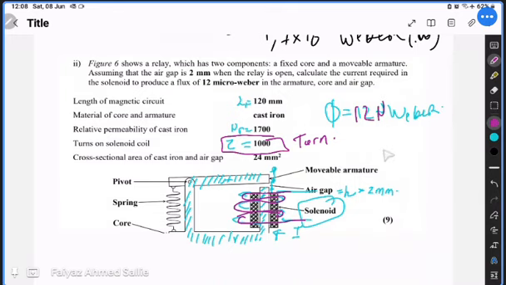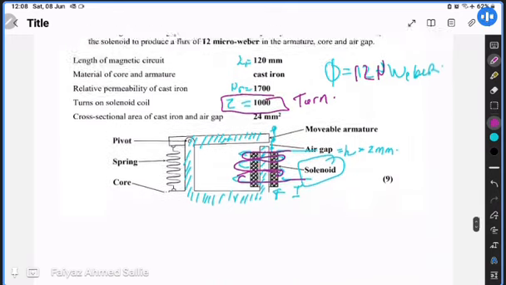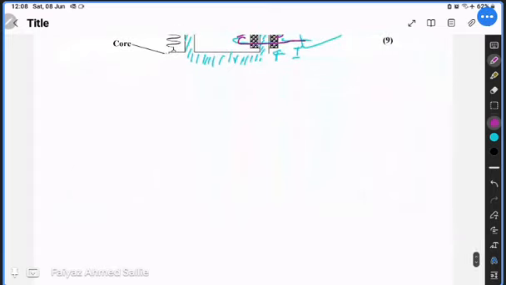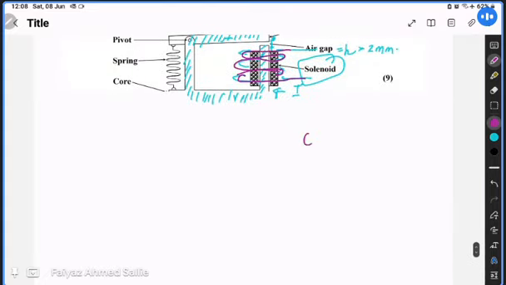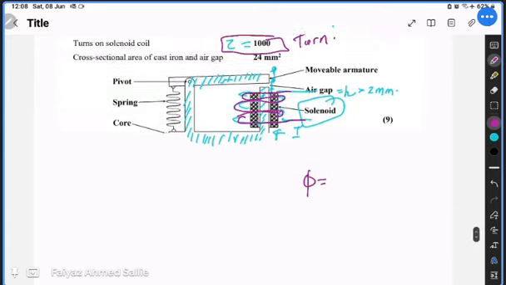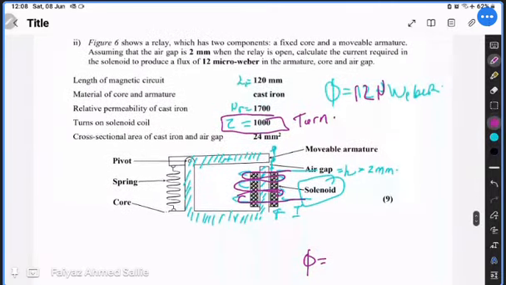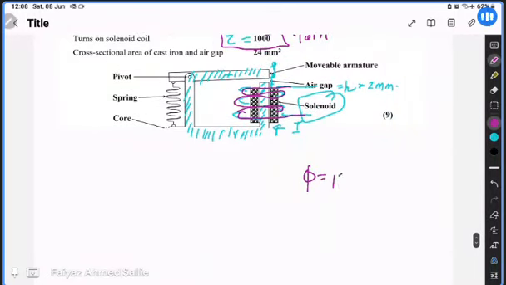12 microweber. So let's write all the things that we have at the bottom. We have flux, which is 12 microweber. Then we have length 1 of 0.12 meters.